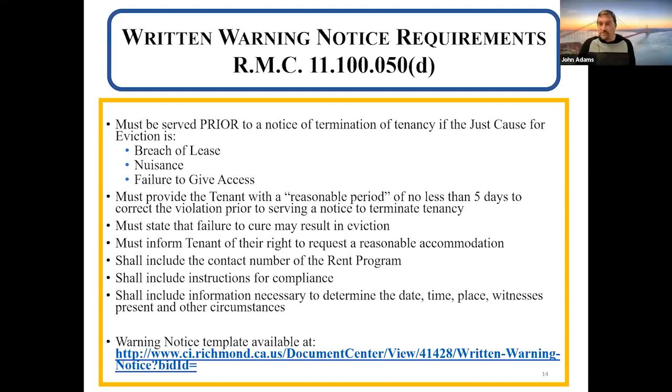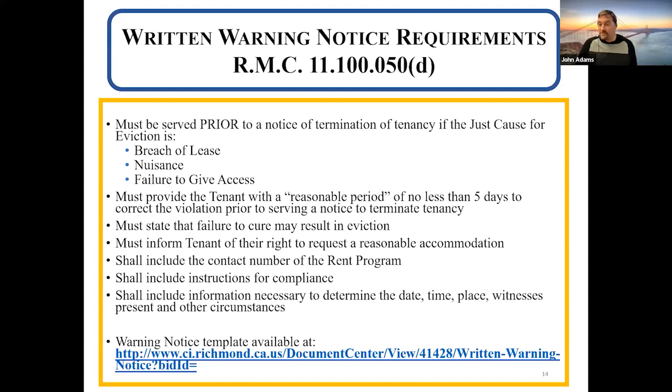We call this a notice to cease, and it usually requires a minimum of 5 days to allow the tenant to fix the issue. Esto lo llamamos un aviso para parar y normalmente se requiere no menos de 5 días para informarles de esto.